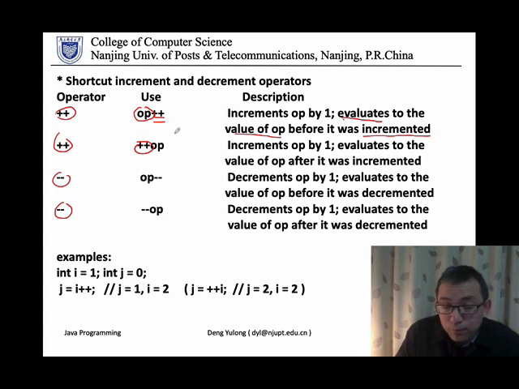But if we put the double plus sign in front of the operand, the first step is to make the increment, and the next step is to make the evaluation. So this is different. The same goes for the double minus sign: if we put it behind the operand, we first make the evaluation and then the decrement.